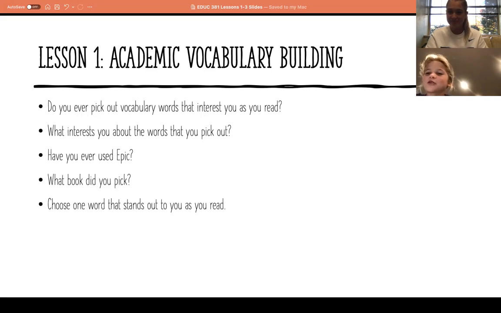Like the bolded ones, kind of like the ones from the glossary. Exactly. Words we don't know sometimes, words that might stick out to you because they're a different font and they have a different meaning. So we're going to be picking out vocabulary words that you might not understand while we read today.